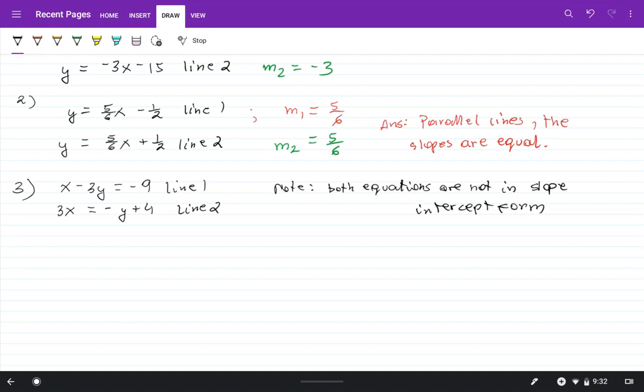So first, rewrite each equation in slope-intercept form.